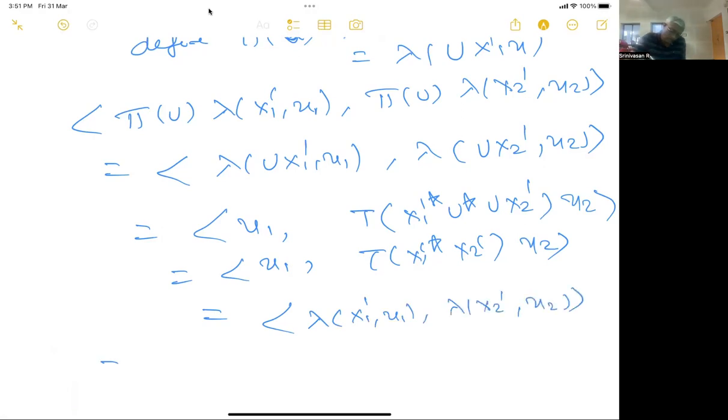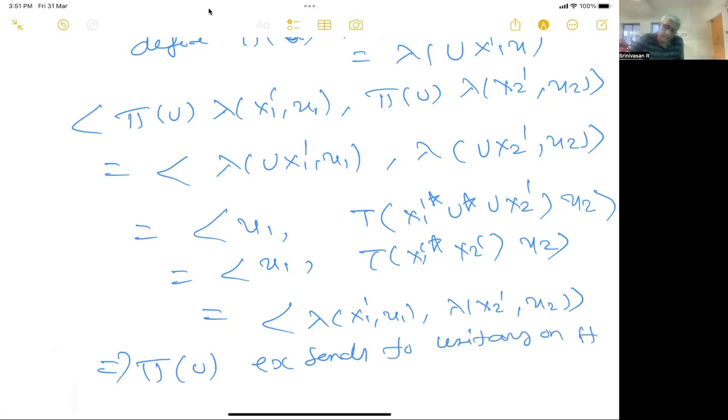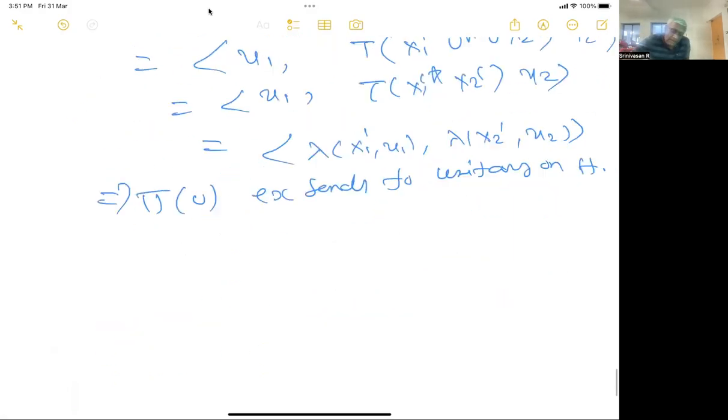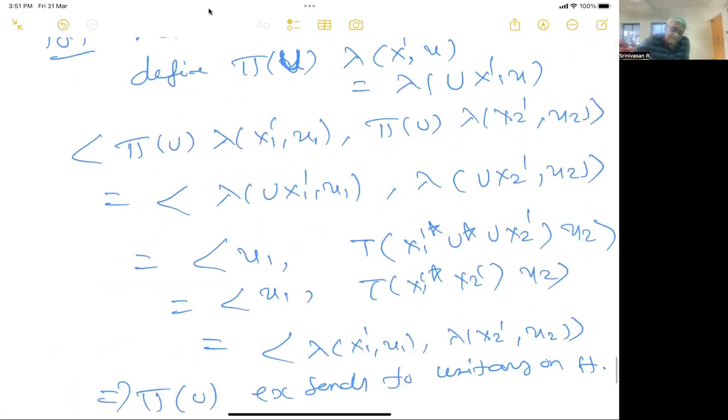So this implies pi of u extends to a unitary. Pi of u preserves the inner product, and on the total set it extends to a unitary on H. And it's clear, it is just the left multiplication.